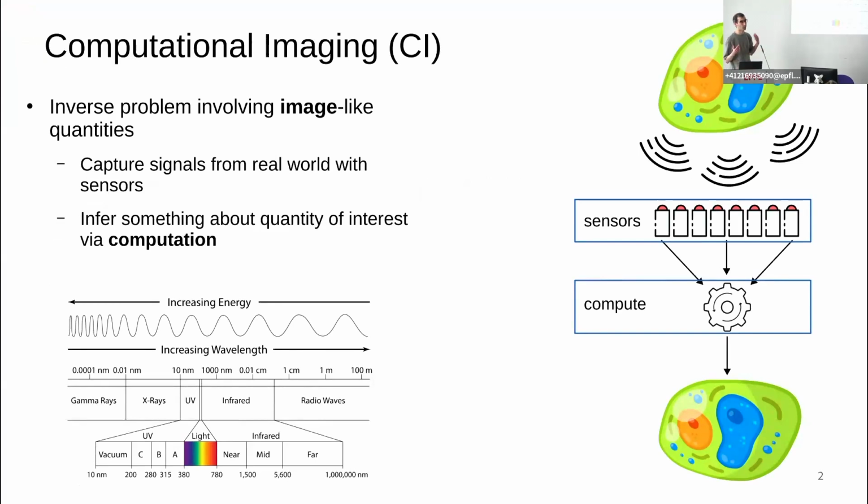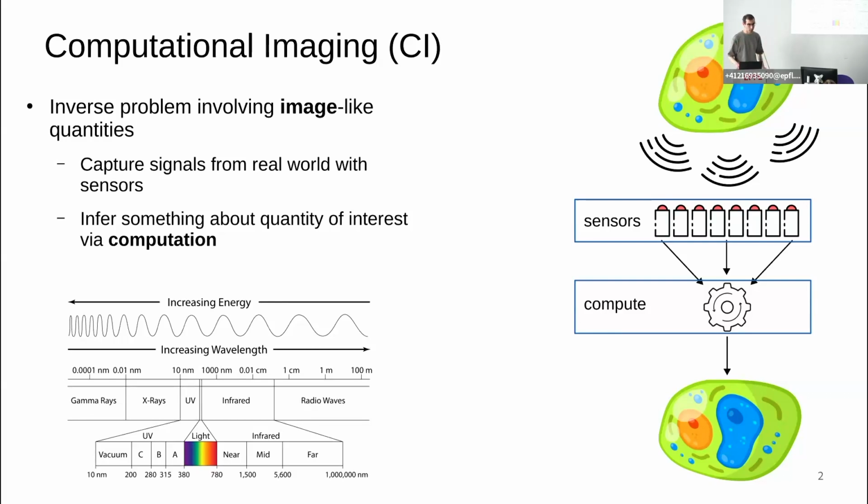And then we're using a computer to try to get back the quantity of interest. Typically this stuff that is emitted is in some form of wave, anywhere in the spectrum. And therefore, there's both the hardware part and then there's the computation and the software that you need to use to do the reconstruction.